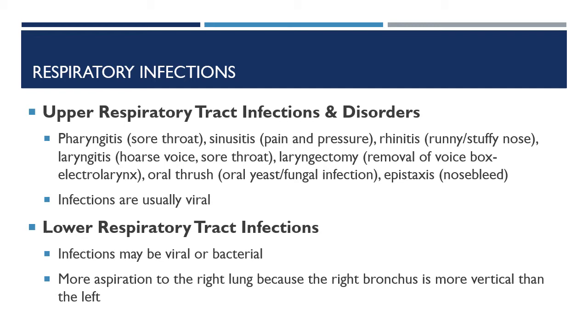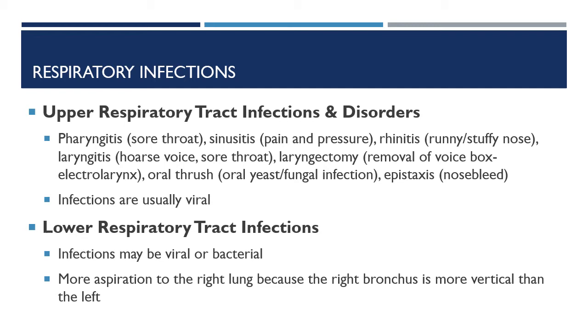Okay? What about lower respiratory tract infections? So a lower respiratory tract infection, we're typically talking about a pneumonia. Pneumonias are an infection of the lung itself, right? So it involves the smaller bronchioles and also the alveolar sacs.